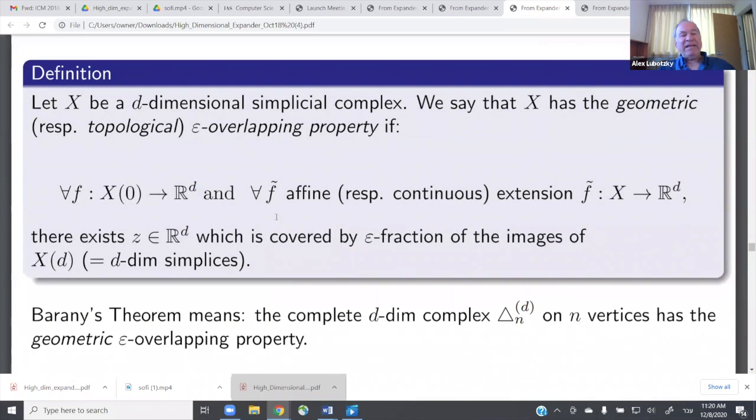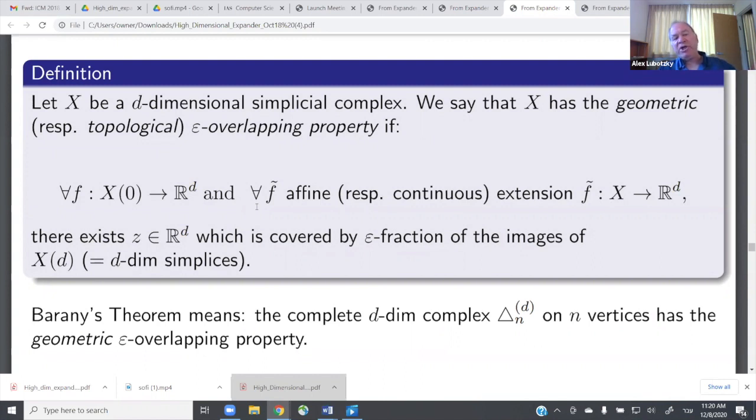So let's say that X is a d-dimensional pure simplicial complex. I always work with them. We say that X has the geometric, and in a minute we'll talk also about, respectively, the topological, epsilon-overlapping property if for every map F from X_0, the vertices of X, we take any map from X_0 to R^d, and then we take an affine extension.